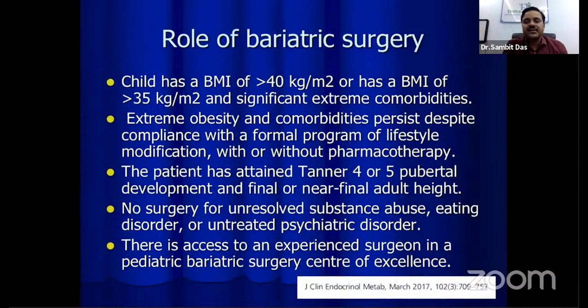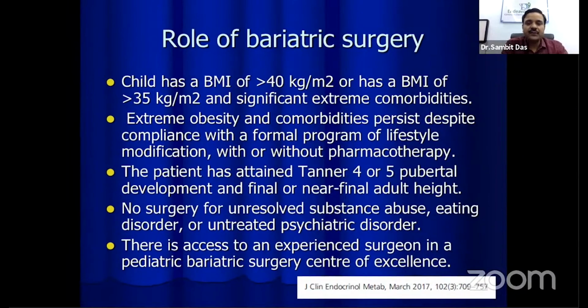Role of bariatric surgery is very limited in pediatric obesity. A child having BMI of more than 40 kg per meter square, or having BMI of more than 35 with significant extreme comorbidities, can be offered a bariatric surgery. But extreme obesity and comorbidities persist despite compliance with a formal dietary and lifestyle modification with or without pharmacotherapy.